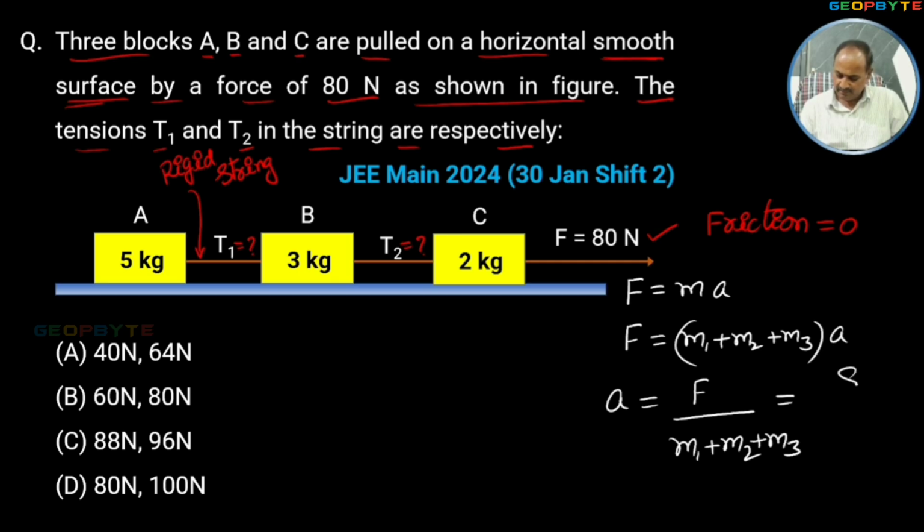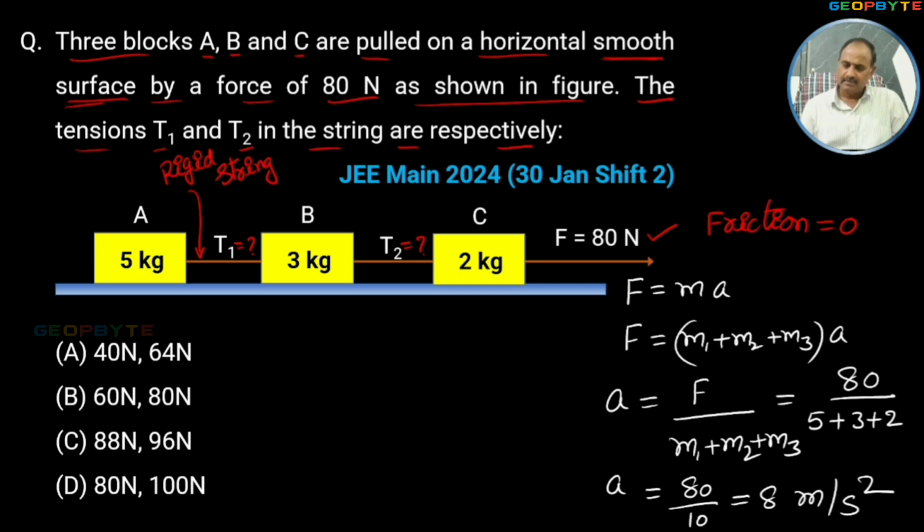Force is given 80 divided by the sum of the masses, 5 plus 3 plus 2. Therefore, acceleration equal to 80 by 10, that is equal to 8 meter per second square. That's the acceleration. Having that value, you can decide the T1 value.